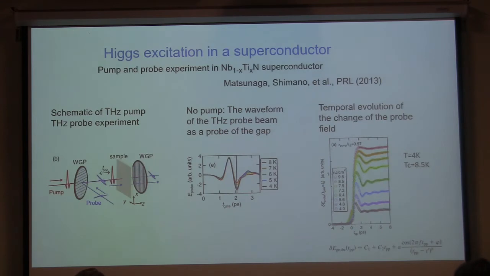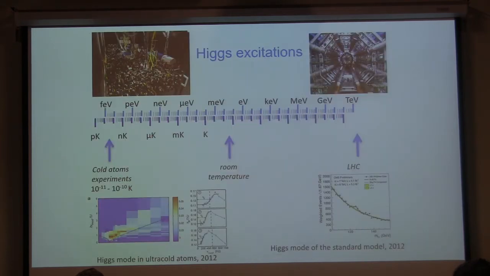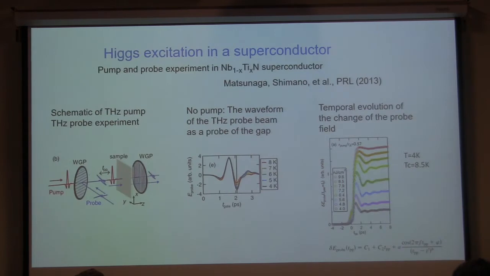Okay, so now let's talk about an energy scale somewhere in between. We saw cold atoms, at nanokelvin temperatures, and very high energies in accelerator physics, but now a more reasonable few Kelvin temperature. Higgs excitation can also be seen in a superconductor. Again, it's an oscillation of the superconducting gap, and it's also done in pump and probe experiments.